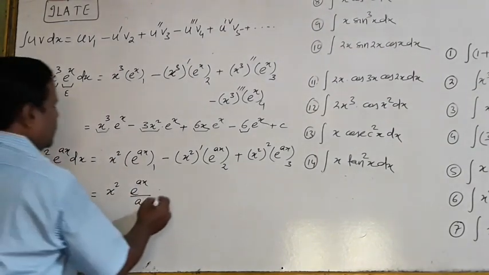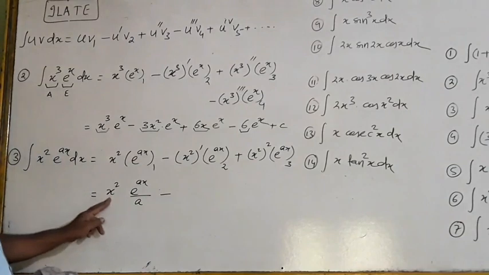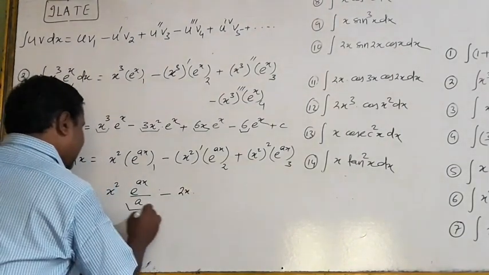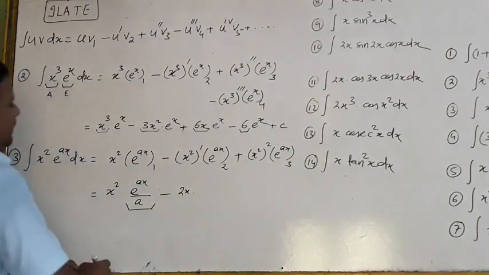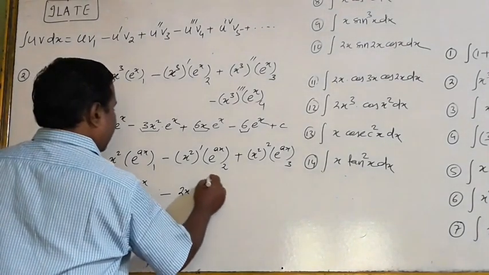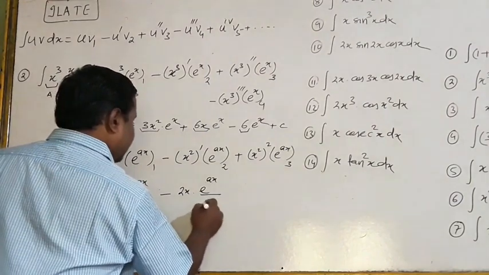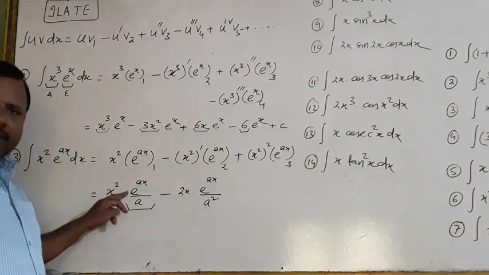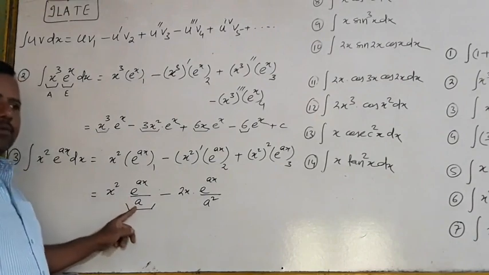Next, what do you have to do? Next, differentiate this. It is 2x. Integrate this. It becomes e to the power ax by a square, because the integration of e to the power ax is e to the power ax by a, and again one a is there which is outside.